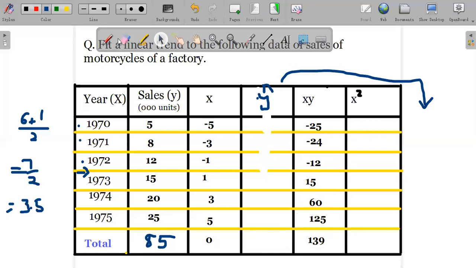So by the way, what about x squares? The square of minus 5 is 25. The square of minus 3 is 9.